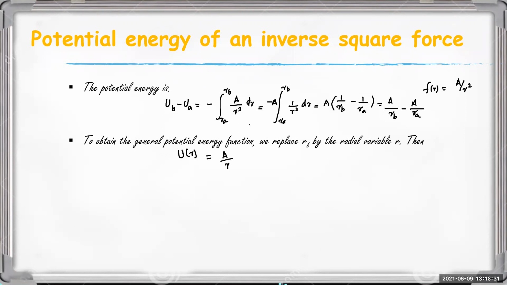Then we take U_A to that side, plus U_A minus A divided by r_A.